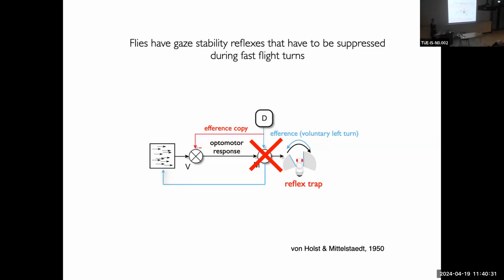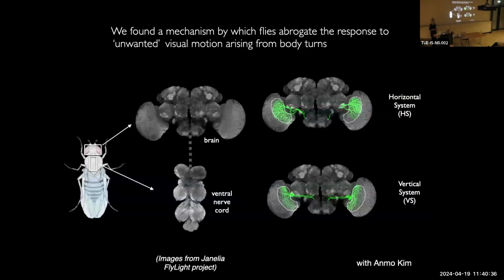And we were looking for a signature of such an efference copy. The neurons that we picked are the so-called horizontal and vertical system cells. Flies have a simple brain, so to say, but it still consists of more than 100,000 neurons, and 60% of those are somehow involved in visual processing. We picked this particular set of neurons because they have long been known to respond to panoramic visual motion.